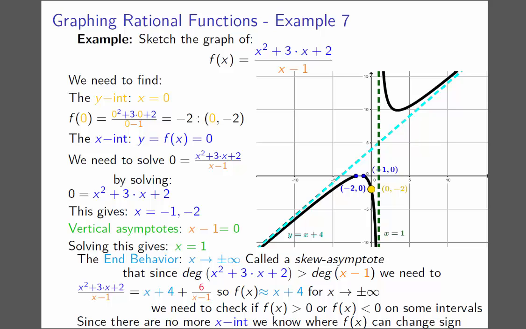And all that's left to check is between negative 2 and negative 1, which we can do by looking at the x value negative 1.5, which when we evaluate f of x at negative 1.5, we get roughly 0.1, which is very small, but is positive, which means that f of x is positive between negative 2 and negative 1. And finally, we have the graph of our rational function, x squared plus 3x plus 2 divided by x minus 1.